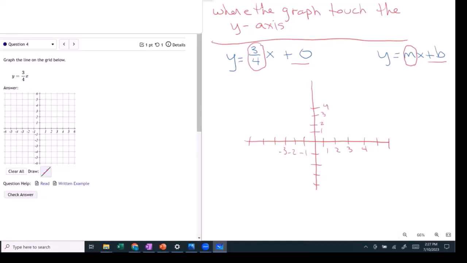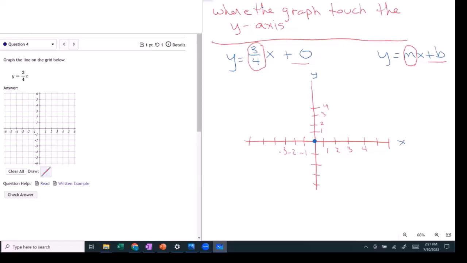Now, easiest way to graph this. My y-intercept is 0. This is y, this is x. So this is where my graph needs to touch the y-axis because it's 0.